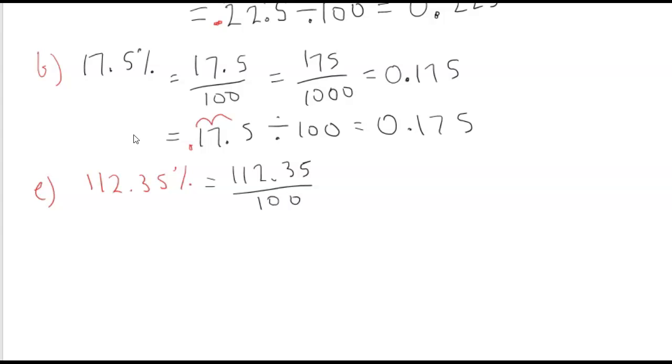Now you can put this all over 10,000, but then it just becomes quite messy. We can also put 100 into 112. So if I rewrote this as 1, okay, so 100 does go into 112 once, and then our remainder is 12.35 over 100.